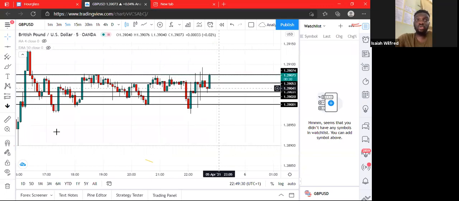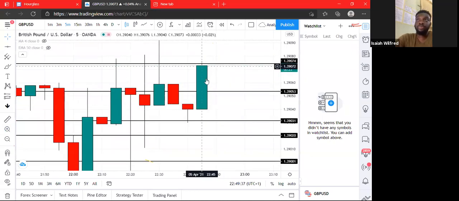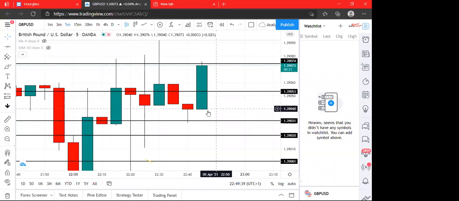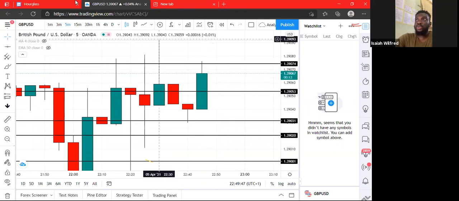If I zoom in, you're going to see what's happening here. It's trying to buy, but it got to this point and started dropping down. So for GBP, you can see it's actually rejecting.